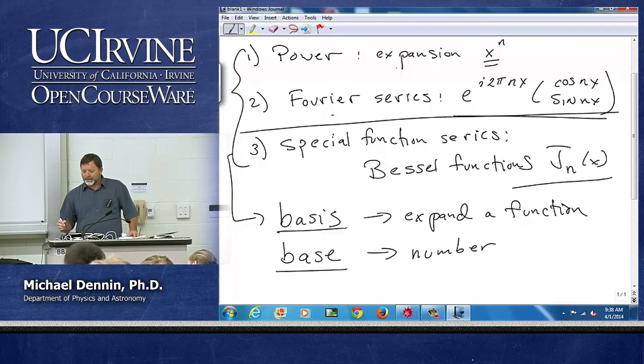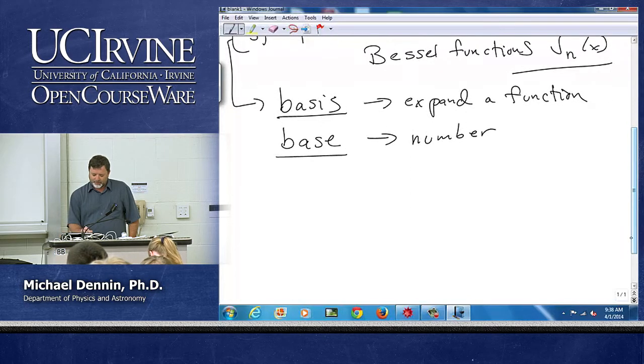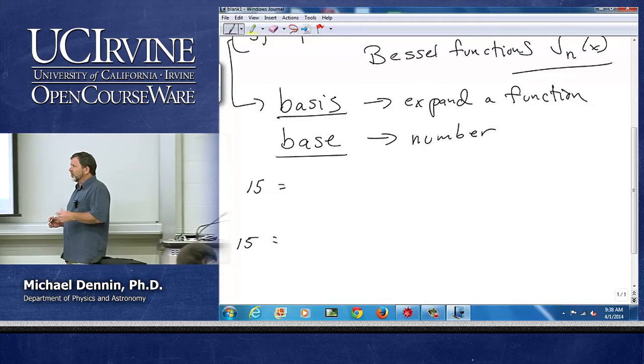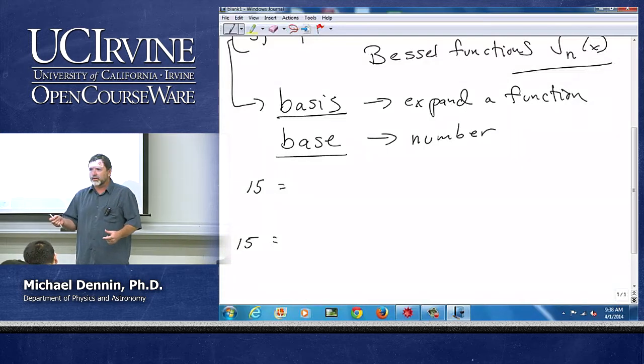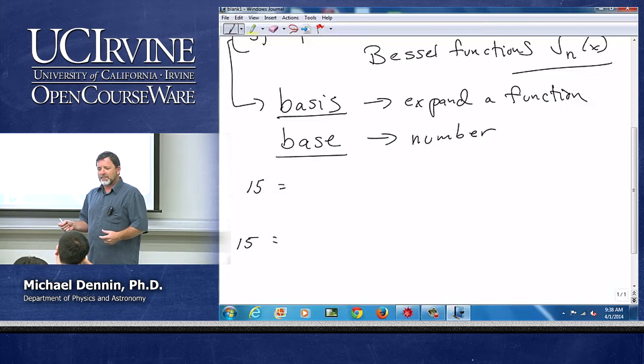So real quickly, on your piece of paper, write 15 expanded out in base 10, and then write 15 expanded out in base 2, where I want you to write it as a coefficient times, for base 10, 10 to some power, or a coefficient times 2 to some power. So go ahead and do that right now real quickly.